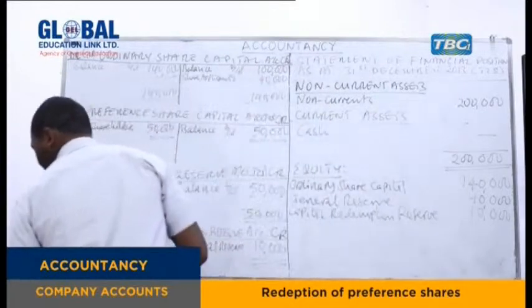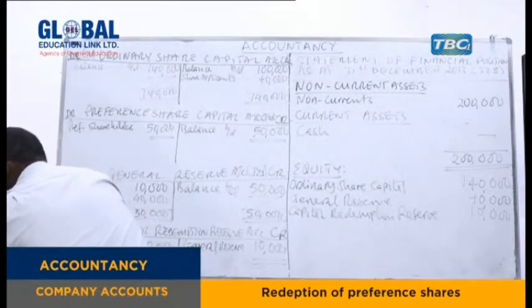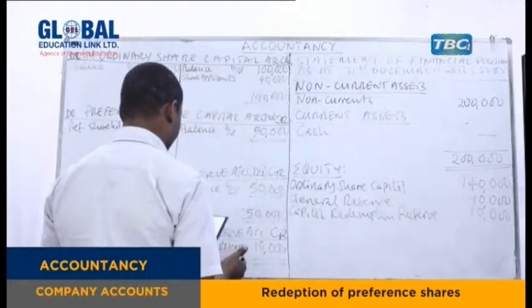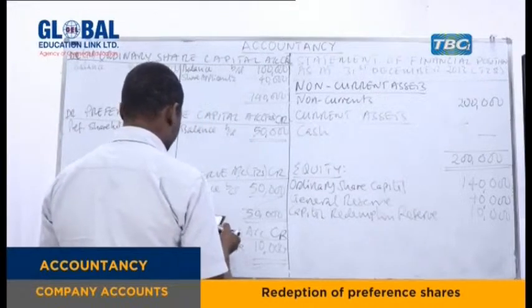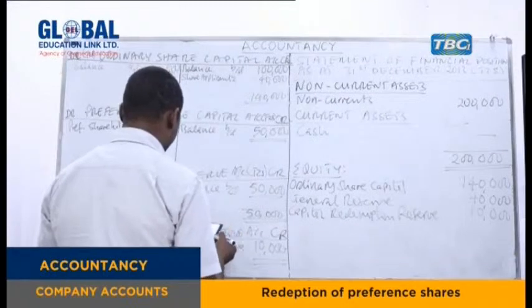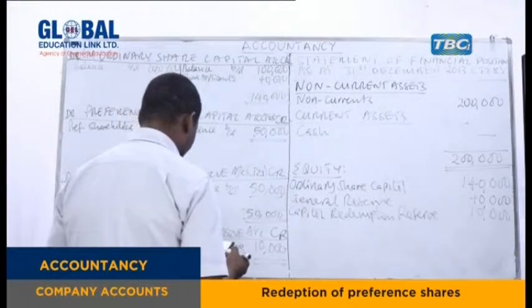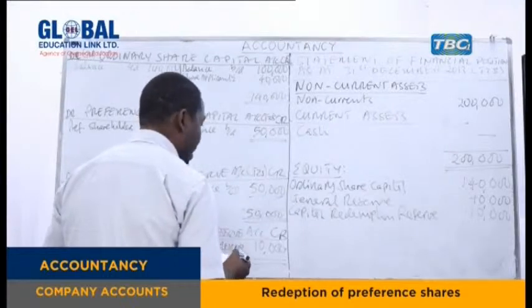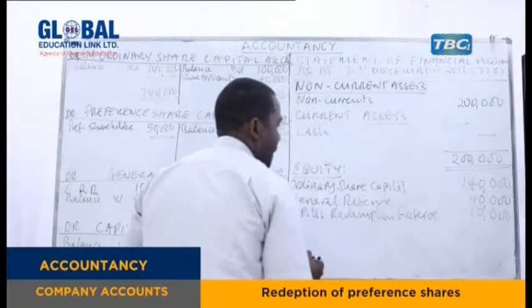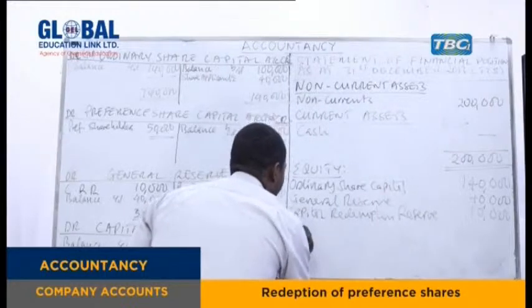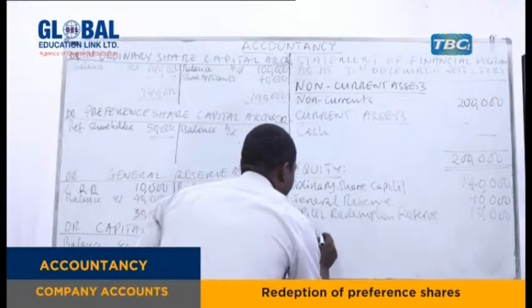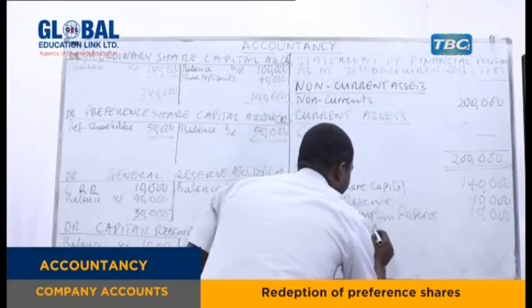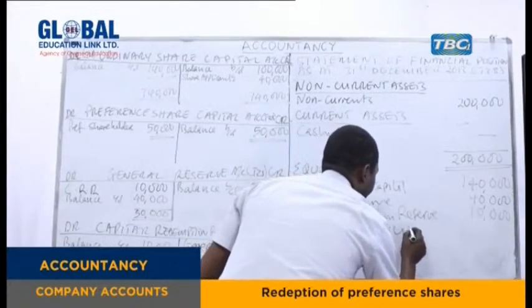Well, what else? Yes, we have creditors, 10,000. That is current liabilities.